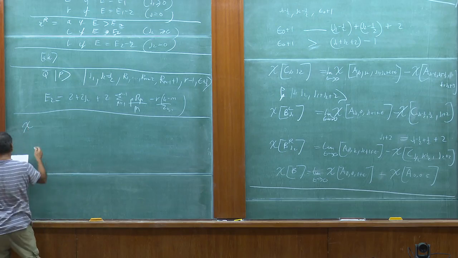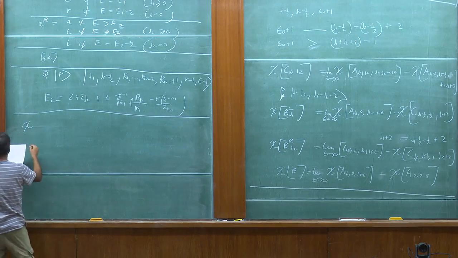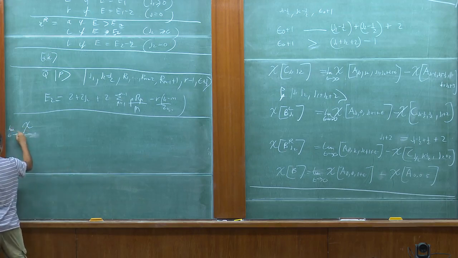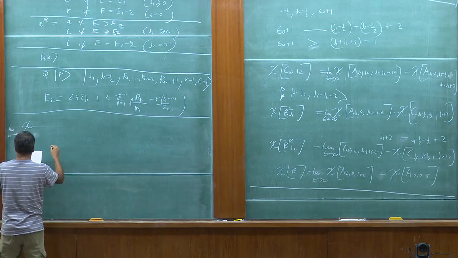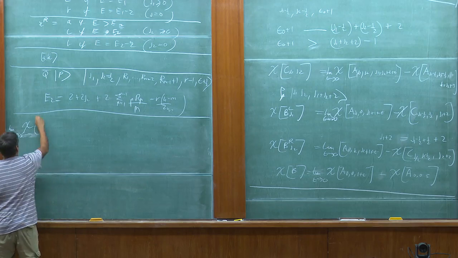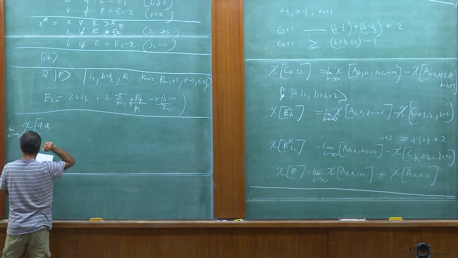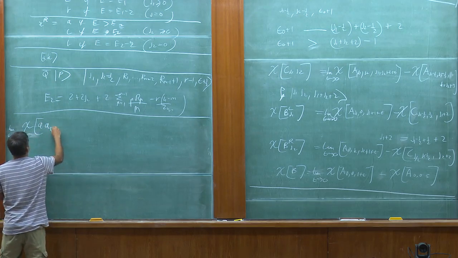So let me write them down first. Limit epsilon goes to 0 of chi AA at E1 plus epsilon.